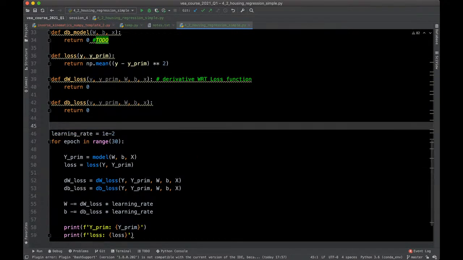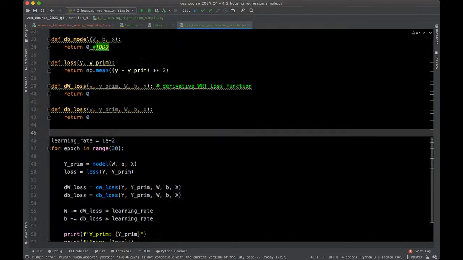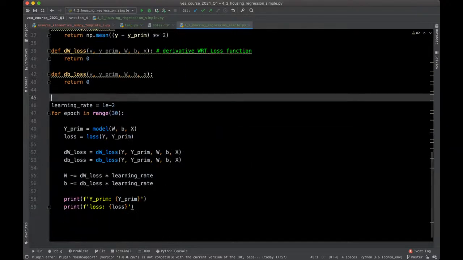So this is going to be your homework. You need to implement these derivatives and make sure that your loss reduces, and you can learn to predict these values. We will try to help out those of you struggling next week.